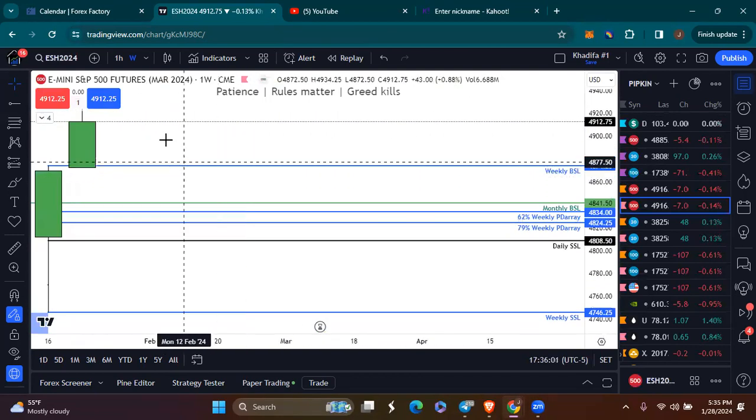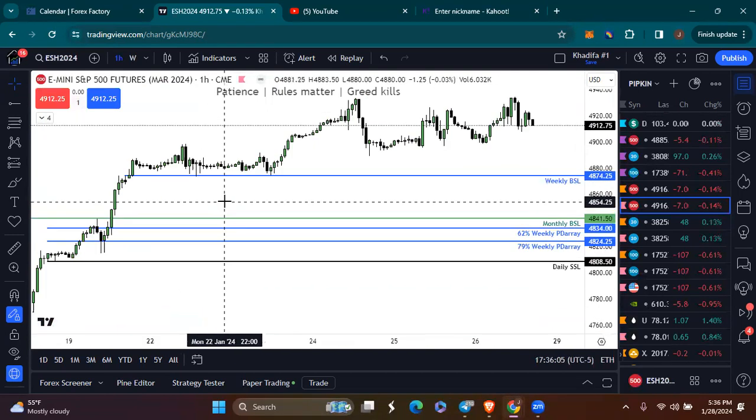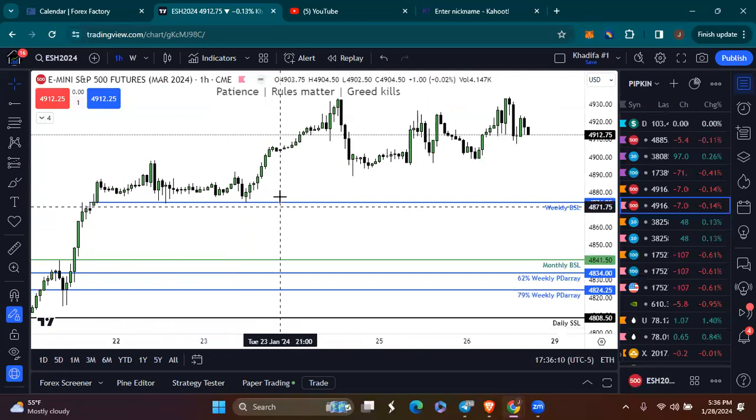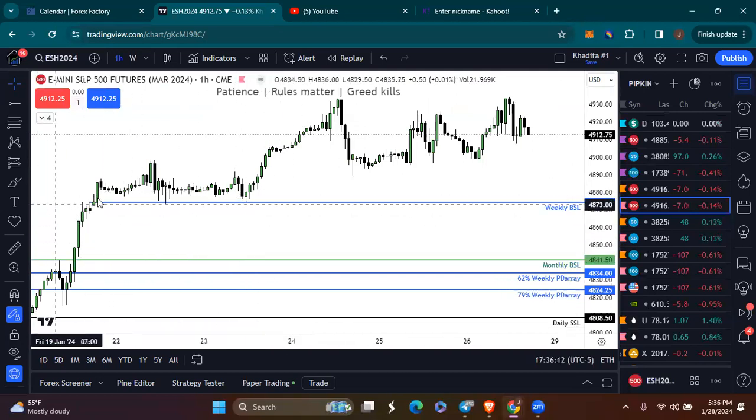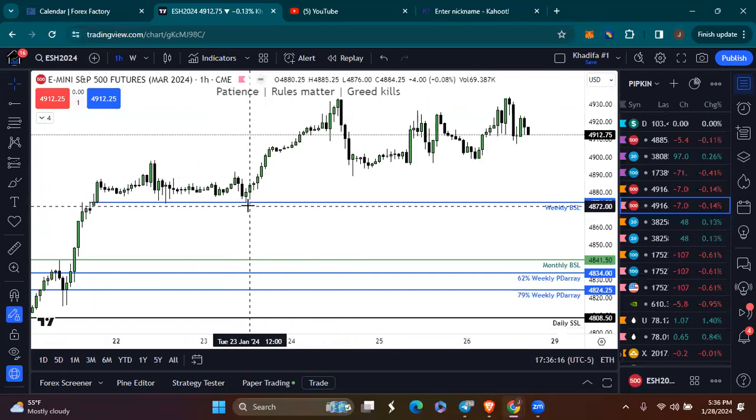If we break it down to the hour time frame, we would need to see us break and close below this structure here, right?